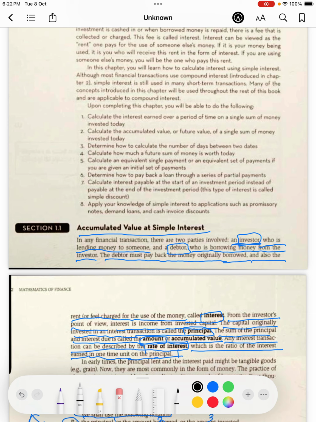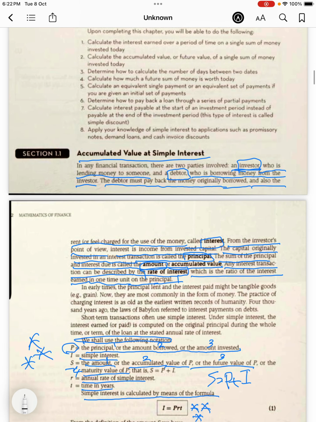The debtor must pay back the money originally borrowed and also the rent for the use of the money, which is interest. So he will return to the investor the amount he took, say 1000 dinars, plus the interest, say 100 dinars.